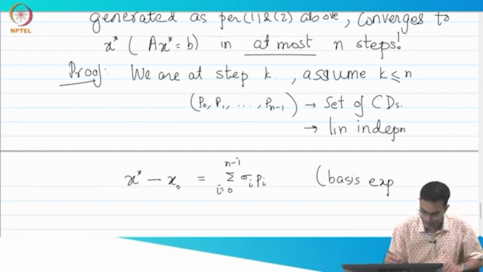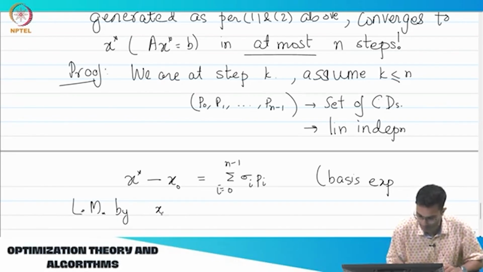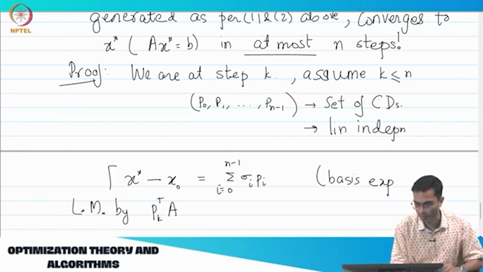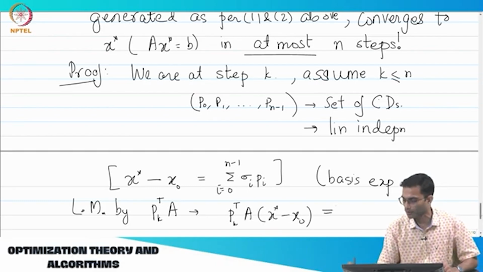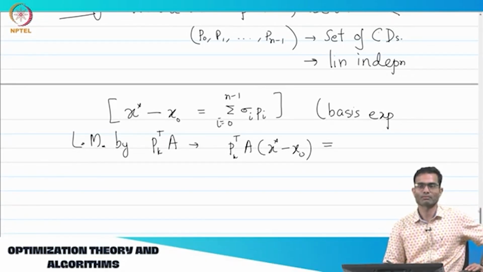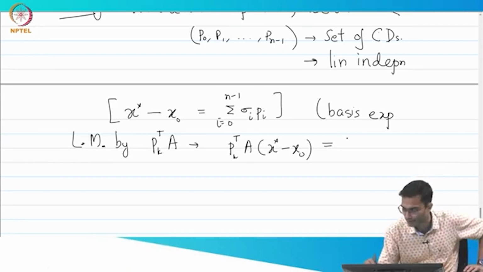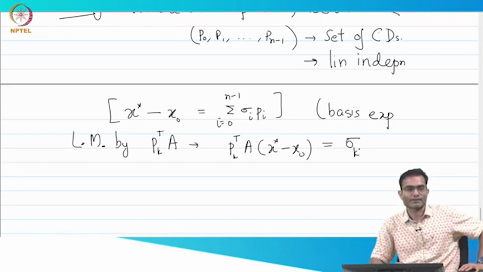So if I left multiply by p k transpose A on both sides of this expression, what am I going to get? p k transpose A (x star minus x0). What is going to be left on the right hand side? Who survives this? Sigma k, right? Sigma k is the only guy that survives this.